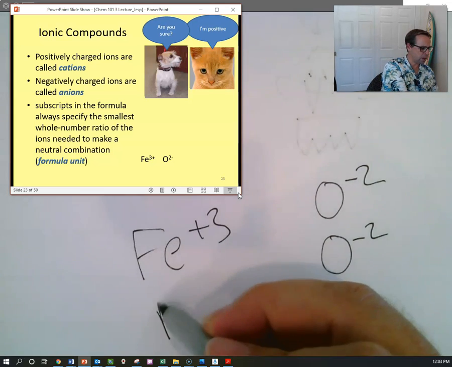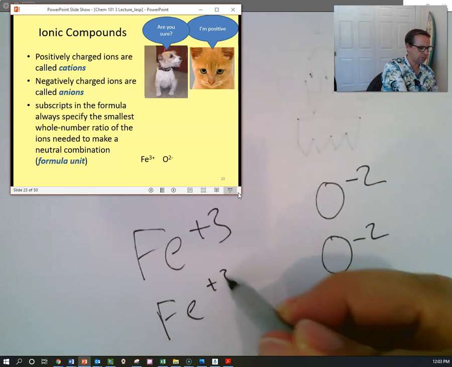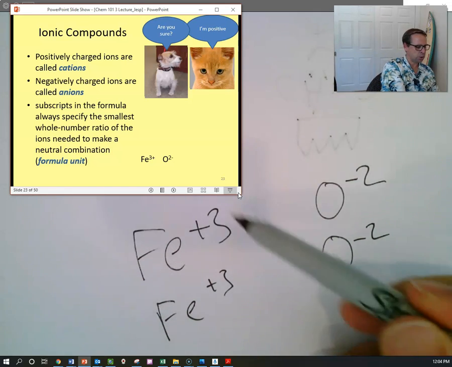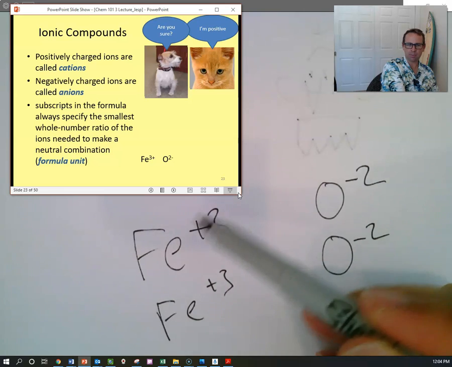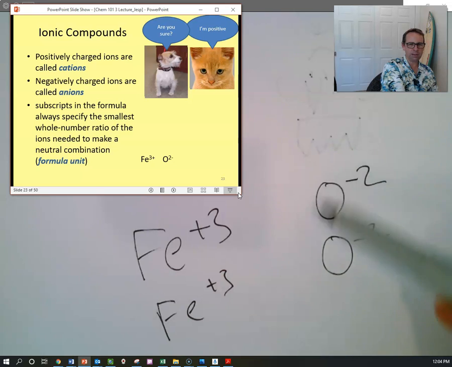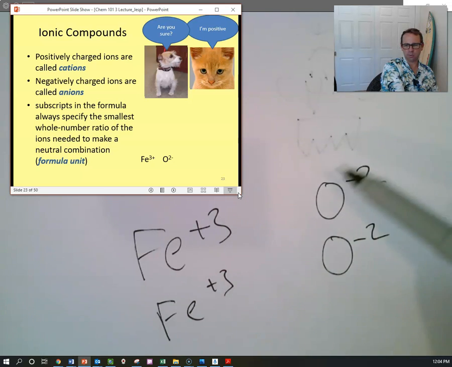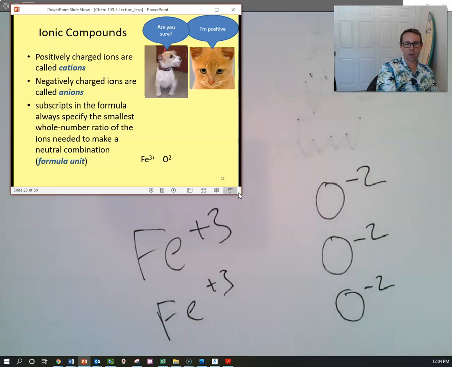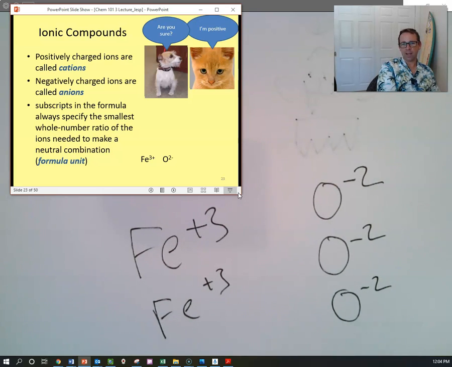So we need to have another iron atom that would give up 3 more electrons. Now there's a total of how many electrons given up? 6. And a total of how many taken? 4. So we need one more, right? We need another oxygen. Excellent.